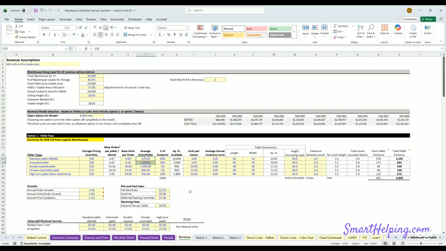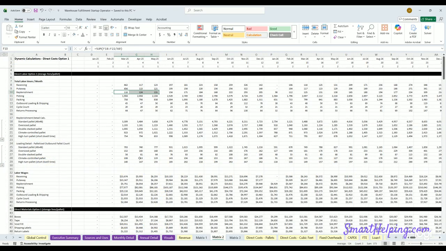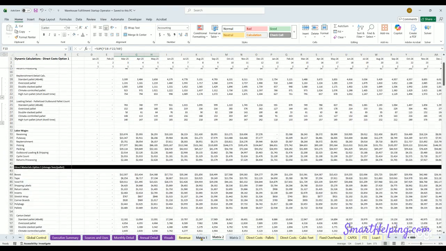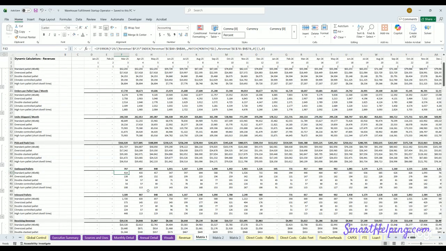The problem is, a lot of times, an outbound pallet is going to, what's the best way to describe this? These are understated. There's likely more. Because some orders might not have a full pallet.